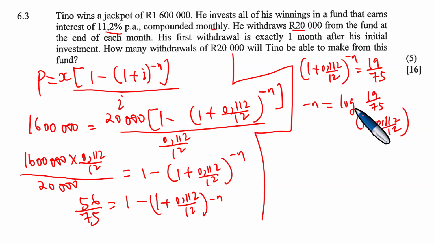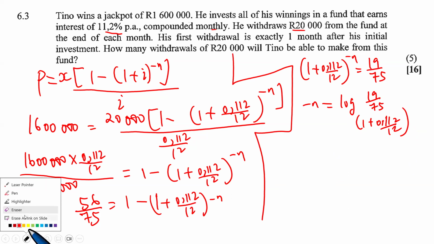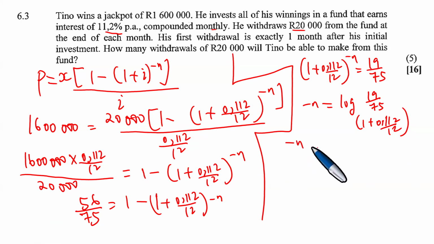Okay, you solve for n here, you use the log. So the base of this particular power becomes the base of the log. Solving for n, what we're getting here is therefore that minus n is exactly equal to minus 147,80. If you do the log of this on a calculator, you get minus 147,80.